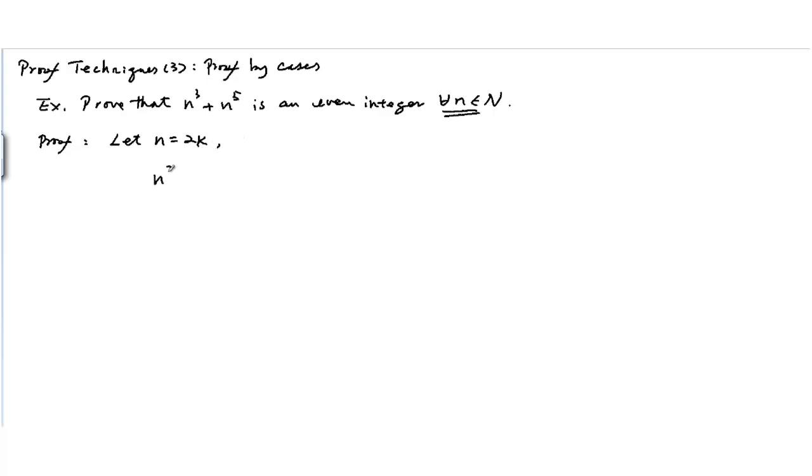Then n cubed plus n to the fifth power will be (2k) to the third power plus (2k) to the fifth power. 2 to the third power is 8, so you have 8k to the third power. 2 to the fifth power is 32, so 32k to the fifth power.